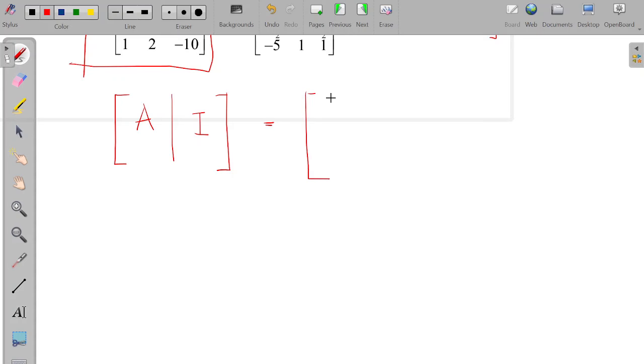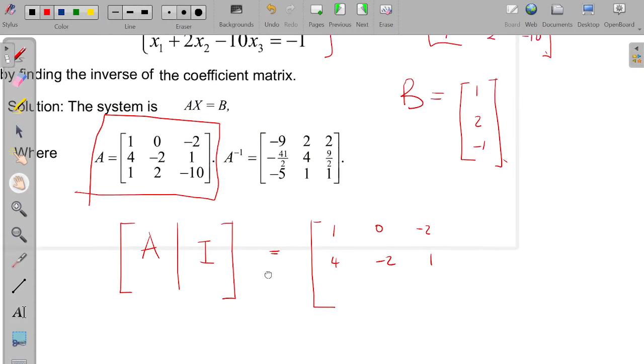Matrix A is 1, 0, negative 2, then we have 4, negative 2, 1. Let me check if I'm correct.